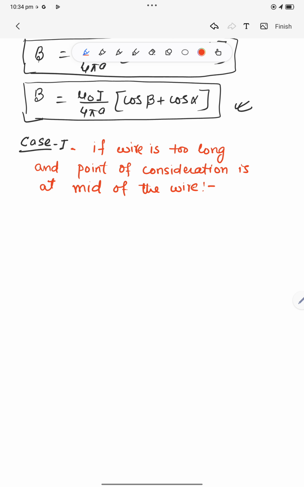What is the case saying? That this is a too long wire, and here we want to calculate the magnetic field.